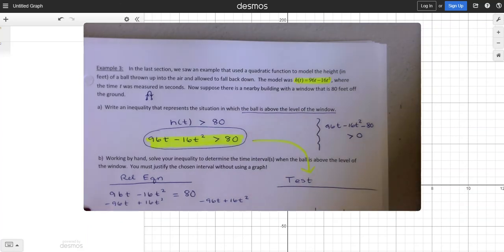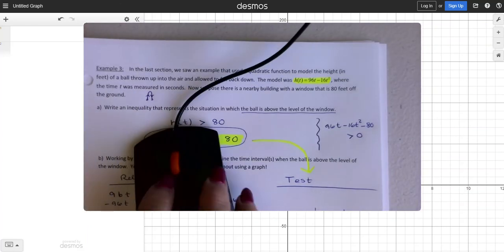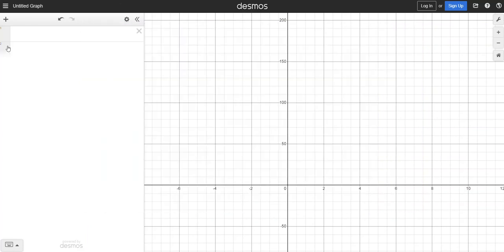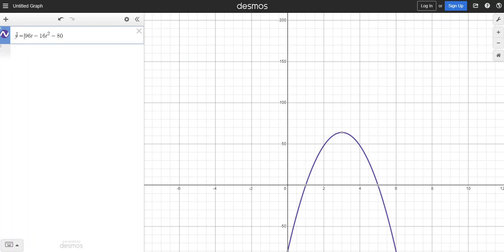And then I would have been able to just do it with the intercepts. And notice now, I'm back to the t equal 1 and the t equal 5, giving me 0, and this is greater than 0, in between 1 and 5. So it does work either way.